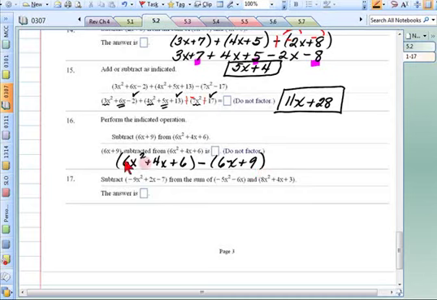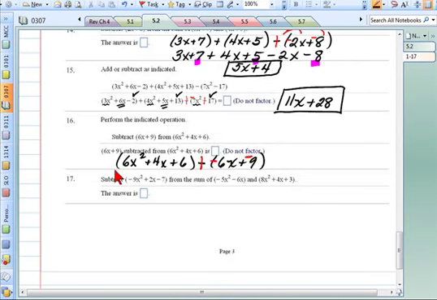What do I have to do to the first group? Nothing. The second group, change the sign. Change the signs because it's preceded by a minus. So I'll change that to plus, minus 6x, minus 9.